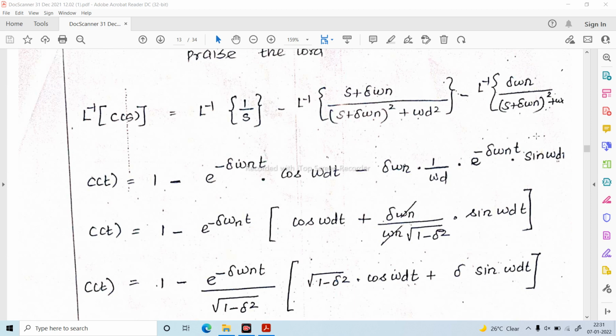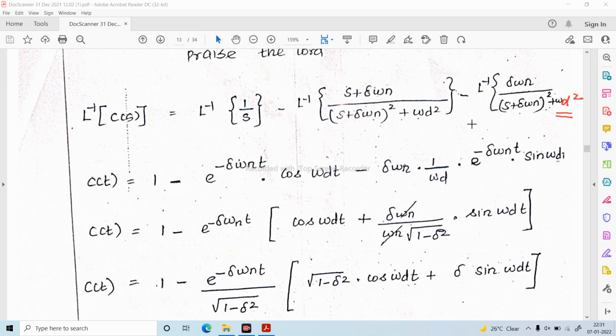Here I am going to write this formula that should be equal to the sine formula. So what is the sine formula? Omega divided by s plus a the whole square plus omega square. But here this is omega d square, so instead of omega we are having omega d.